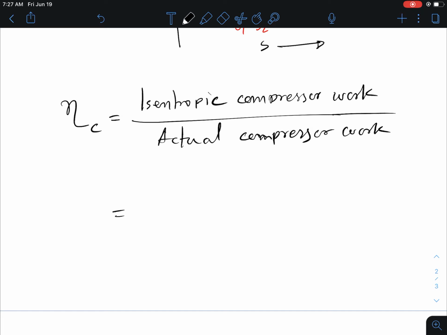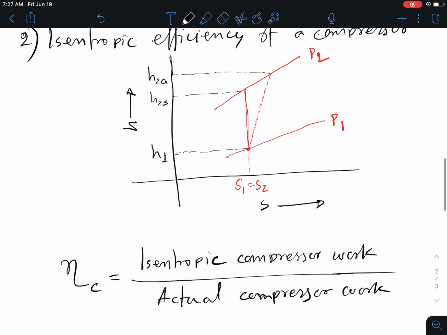So in this case, the isentropic compressor work, if we take a look from this one, then Ws equals this height. Ws is this one, and actual is this one, right?